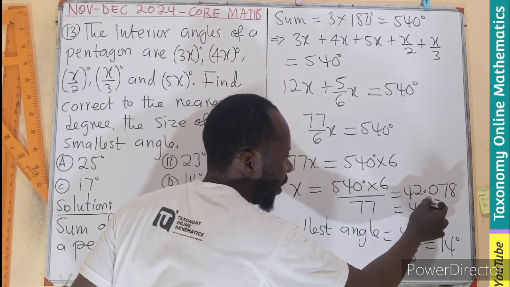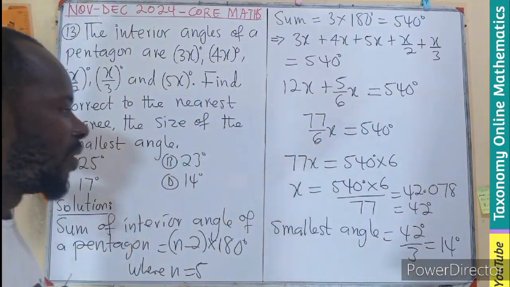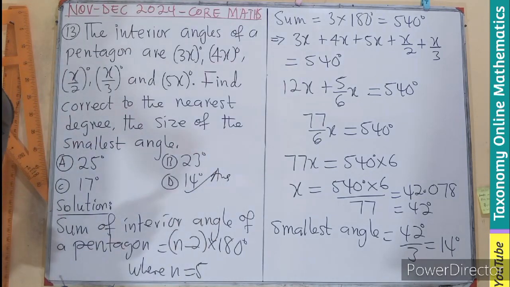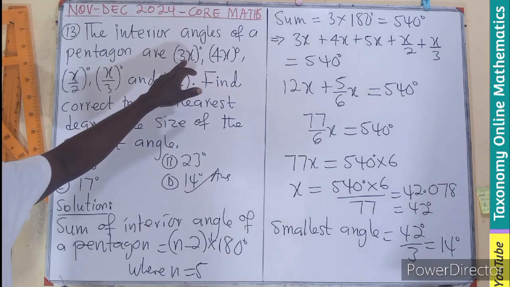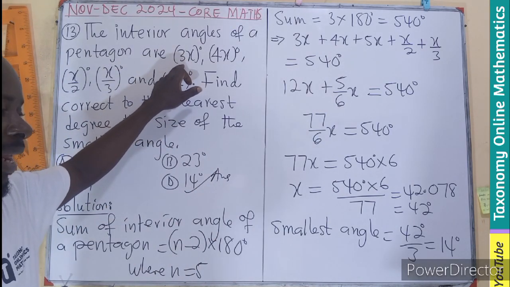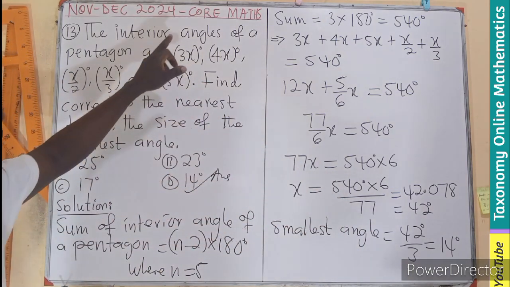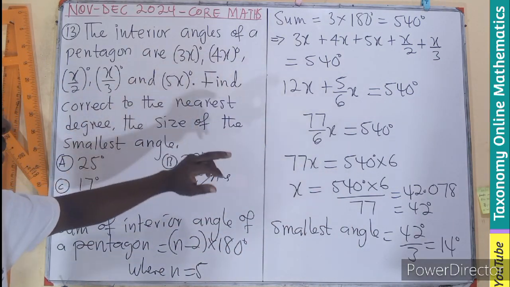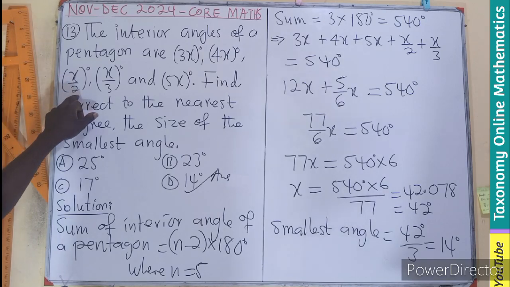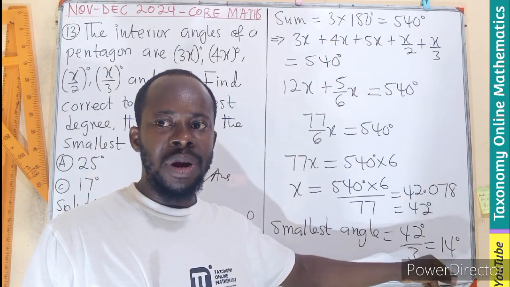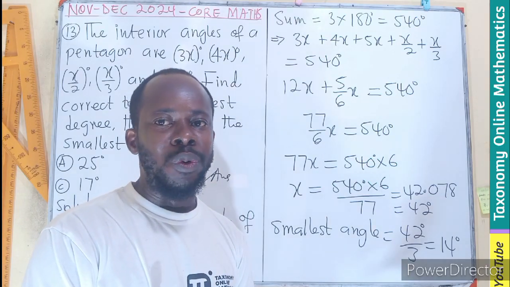If we are to indicate this as degrees divided by 3, we should be looking at the D as the only answer. Don't forget, if you multiply the x by 3, it will be bigger than 14. If you multiply it by 4, by 5, it will be bigger. If you divide it by 2, you are going to have 21, which is bigger than this. So this is the smallest angle among all those angles.